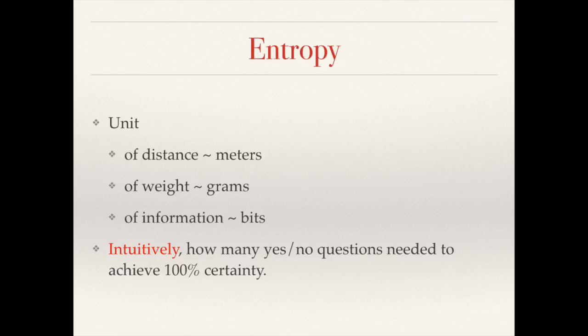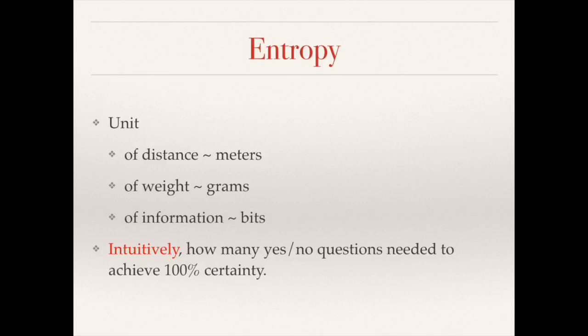So we introduce the concept of entropy, which measures information. Like if we are to measure distance, we will need meters, or if we are to measure weight, we will use some unit of grams. To measure information, the unit is bits.